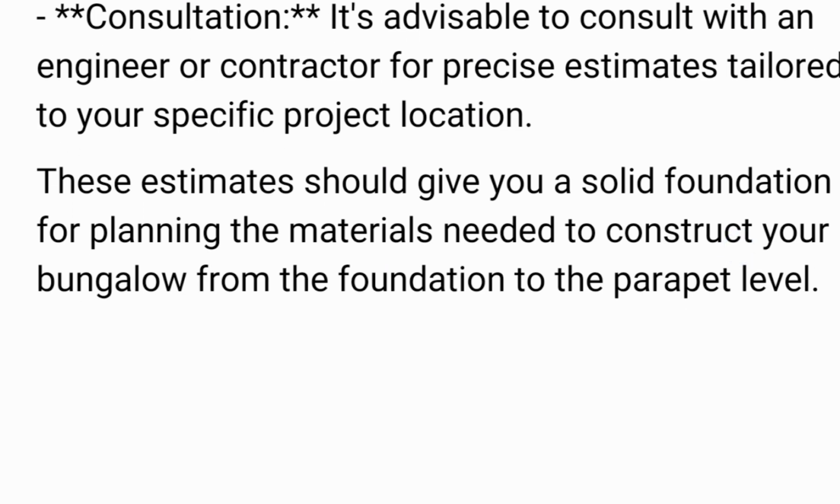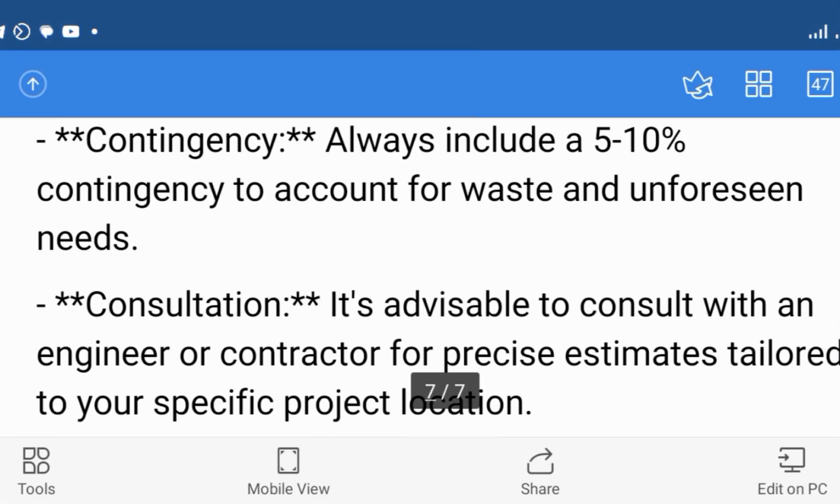All right. I believe that this estimate should give you a solid foundation for planning the materials needed and the cost to construct your bungalow from the foundation to the roofing level, including plastering. I hope this video will help you in many ways.